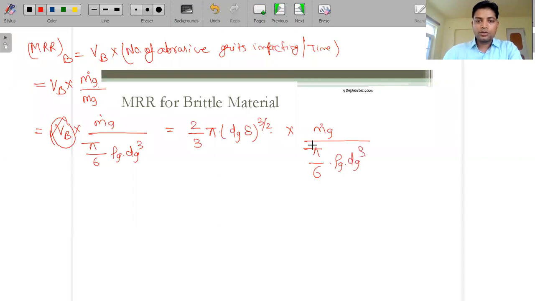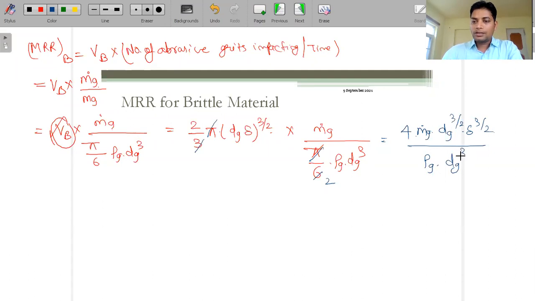From here the pi will cancel out, and the 6 with the 3 will become 2, so it will become 4. I am writing m dot g into dg raised to 3 by 2 into delta raised to 3 by 2 upon rho g into dg cube.